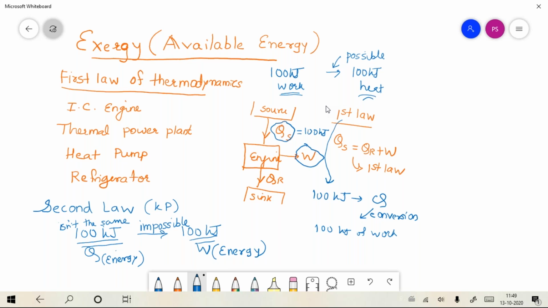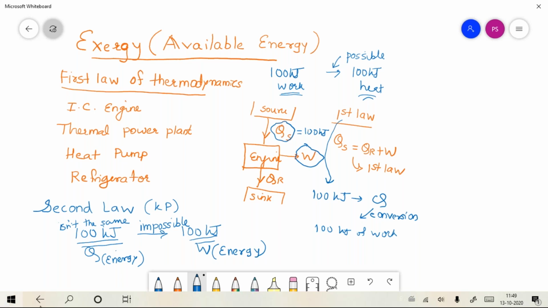You are having 100 kilojoules of work, you are able to convert that to 100 kilojoules of heat. However, if we are having 100 kilojoules of heat, we cannot convert that 100 kilojoules of heat to 100 kilojoules of work according to the second law, meaning that this work must be of a higher quality energy.